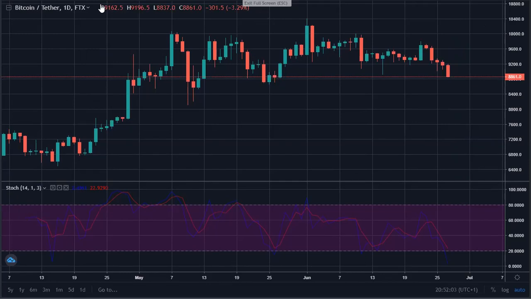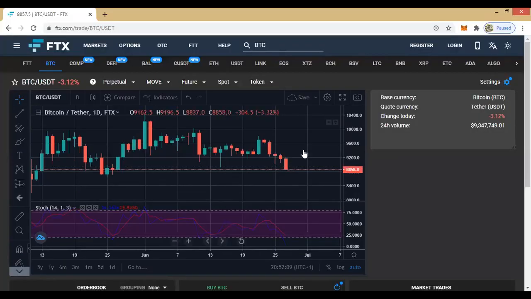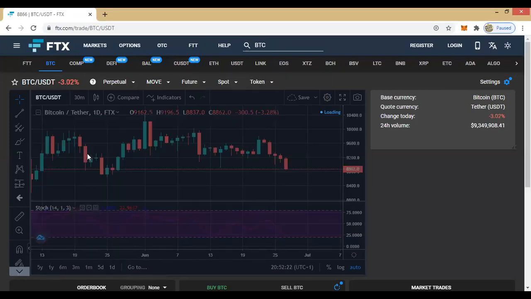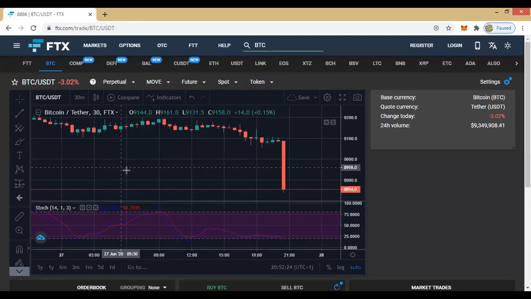Sorry, I want to exit the full screen. Okay, I just exited the full screen. Now let's say I want to switch to a lower time frame, like let's say I want to see how the market is faring in the 30 minutes time frame using our stochastic.